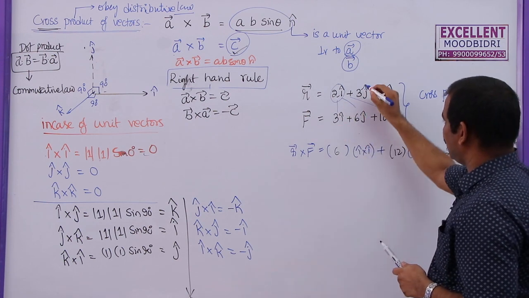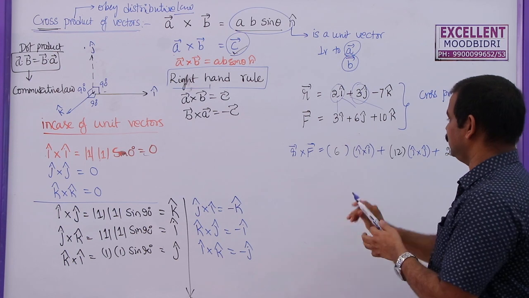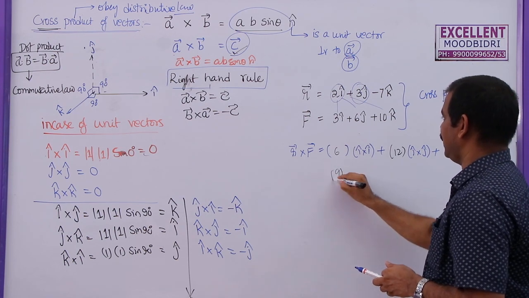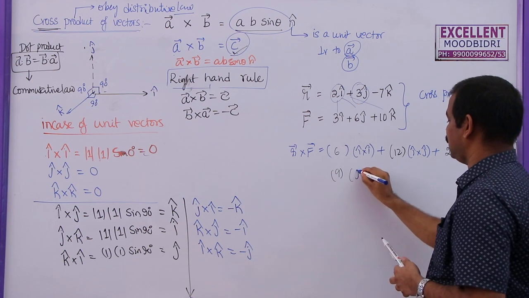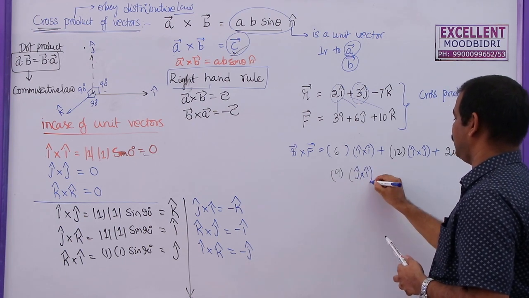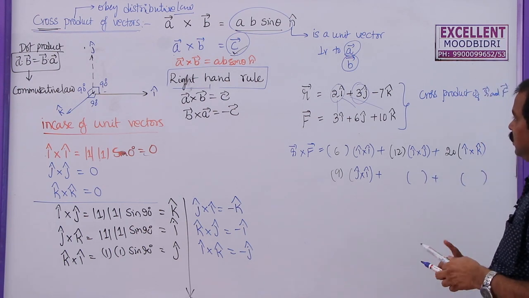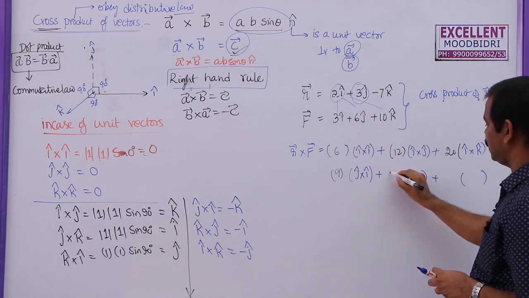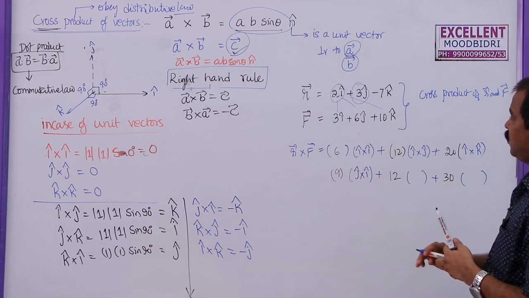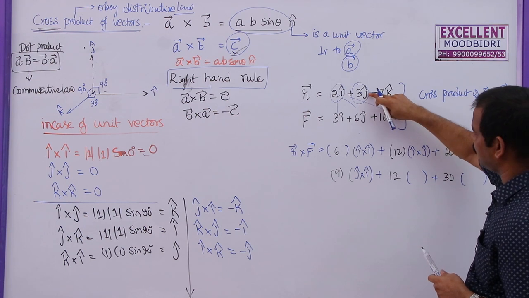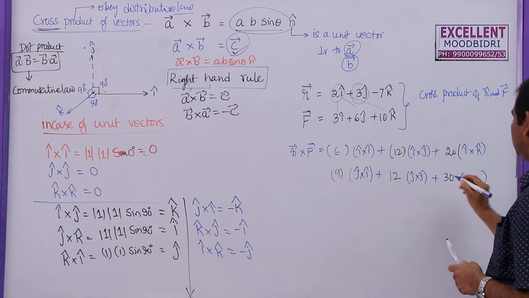So this is the first one. Second one, now I am going to multiply 3j with this. 3 3s are 9, so this will be 9, j cross i, plus next one, 3 6s are 18, 3 10s are 30, but what are these unit vectors? j cross j, this one, j cross j, this is j cross k.